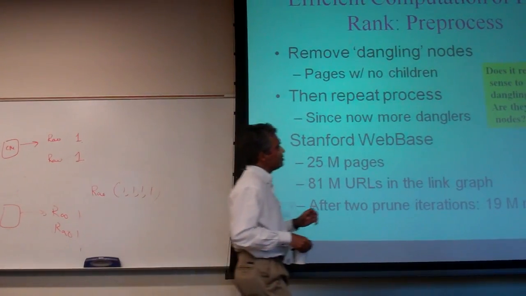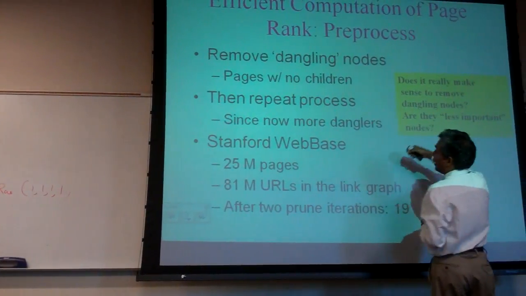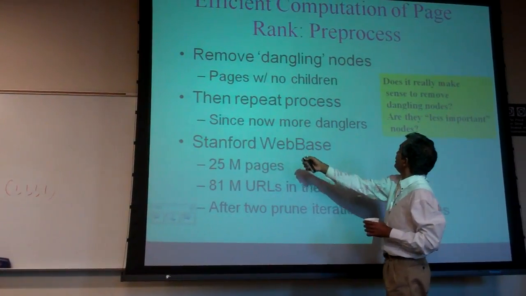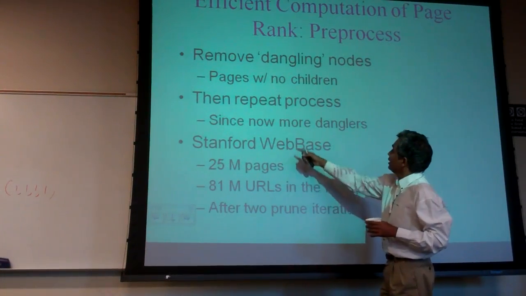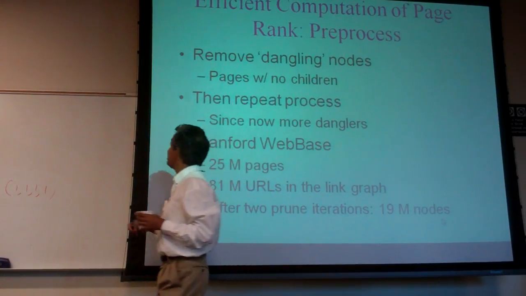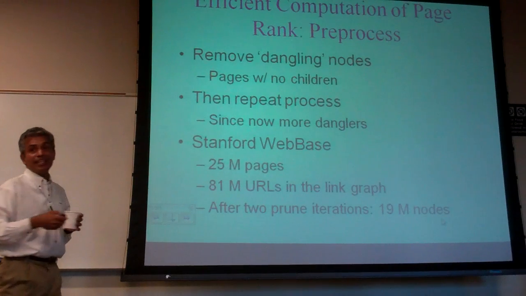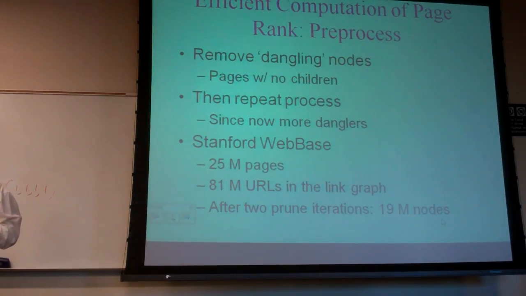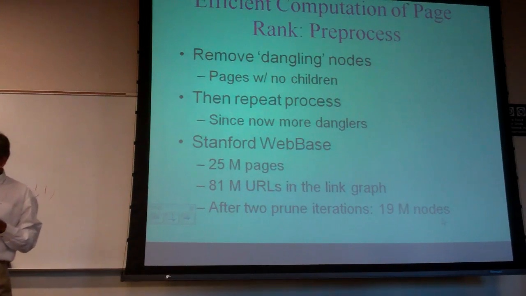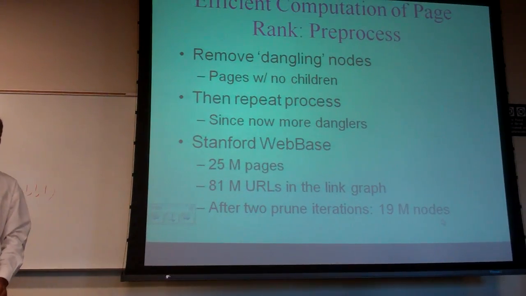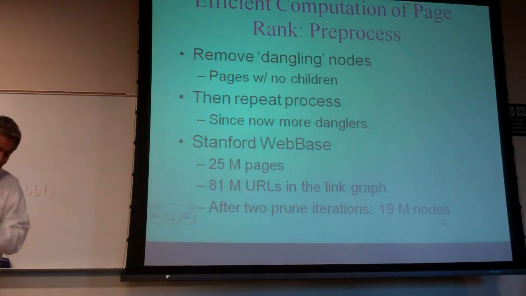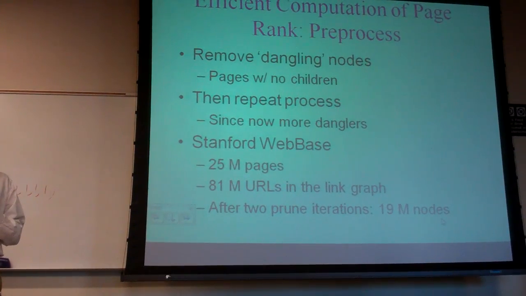So what he is suggesting is you remove the dangling nodes. Dangling nodes are pages which have no children, no outgoing links. Remove them first. And when you remove them, there may be other pages which become childless because these other guys are gone. Remove them too. But you will lose everybody if you keep removing.